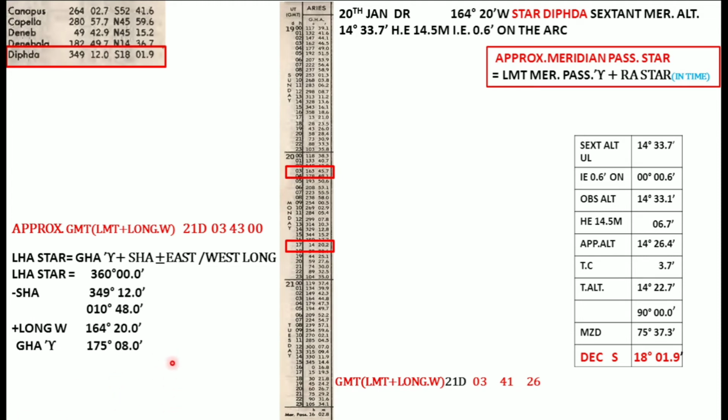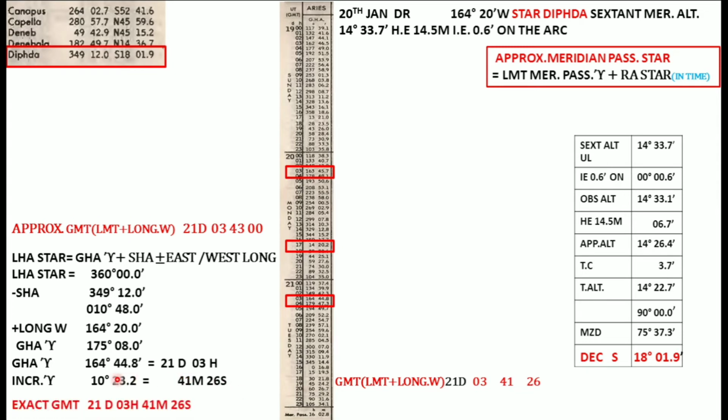Here I've just taken a shortcut and figured out that the date should be 21st and my time is here, 21st, 03. I get my increment, use my increment tables for Aries and get my minutes and seconds. So that is my exact time for meridian passage.